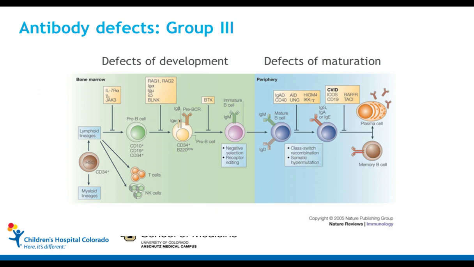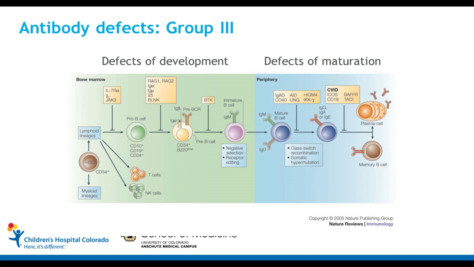So let's move on to antibody defects, or group 3 of the classification of primary immunodeficiencies. When we talk about antibody defects, we usually think about B cell development. And in this cartoon, there are two stages to it.